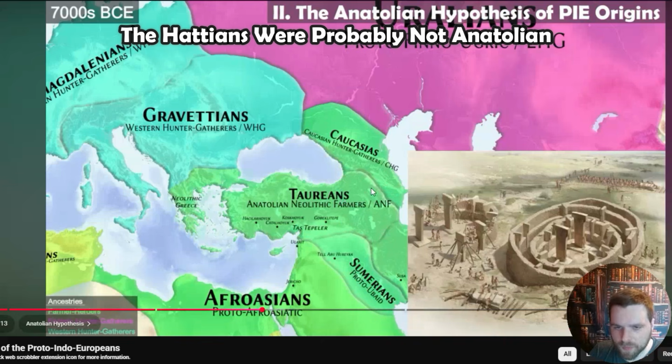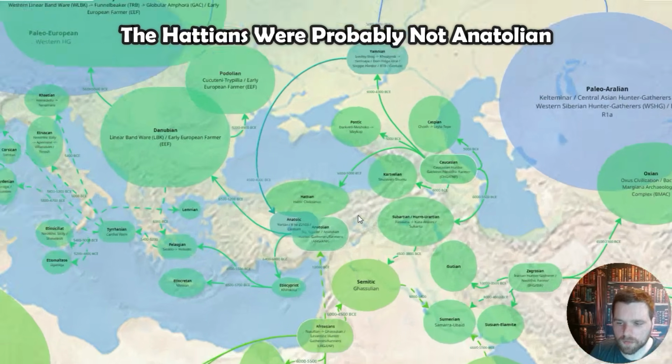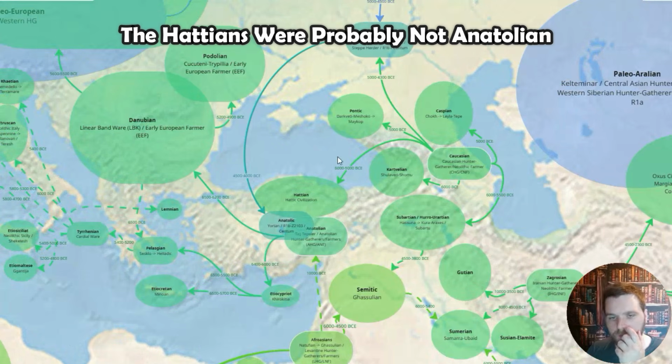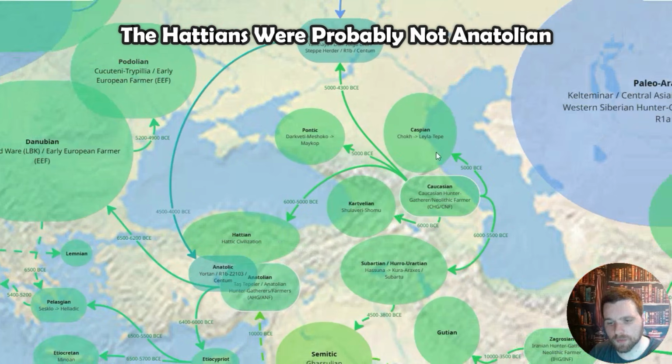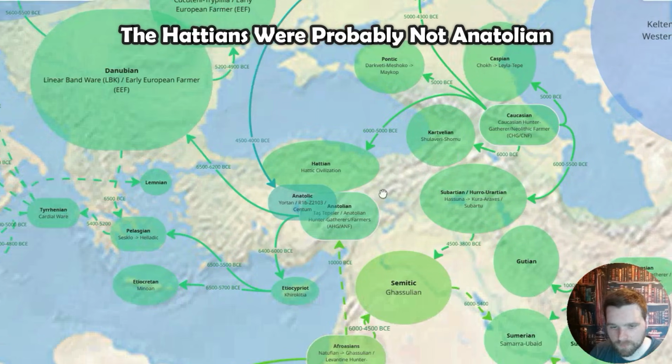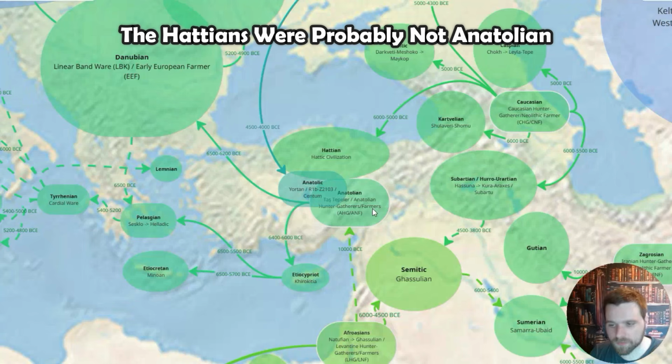But I have them ranging up into Hurrian territories and also Pontic, Hattian territories. And current ancestral models show that Hattians, both linguistically and genetically, were descended more from Caucasian hunter-gatherers and Neolithic farmers than from Anatolian hunter-gatherers and Neolithic farmers.